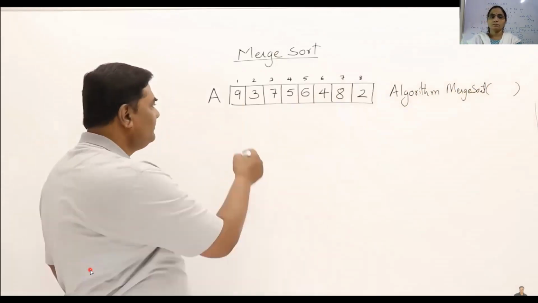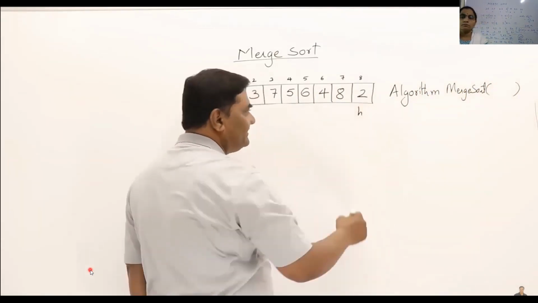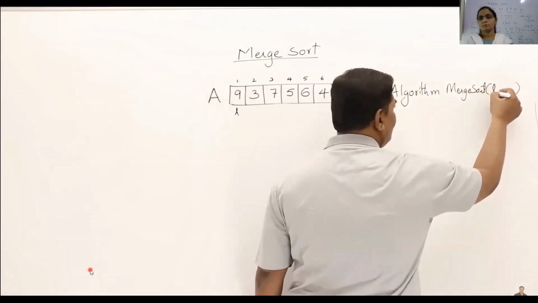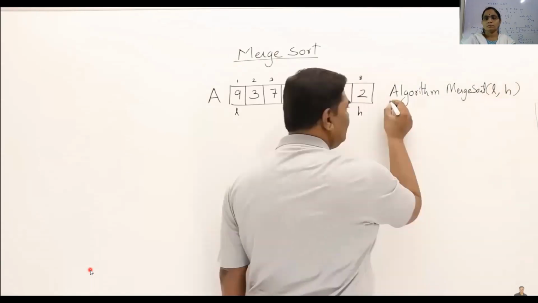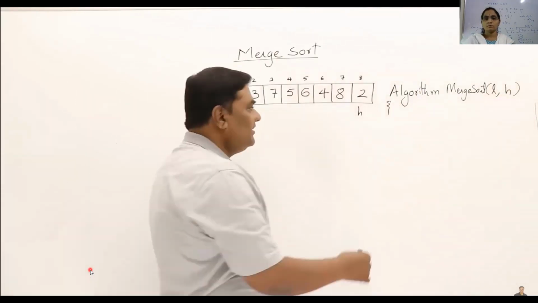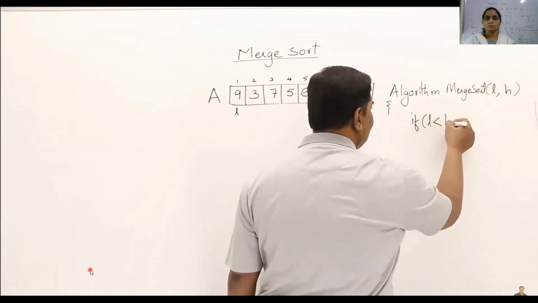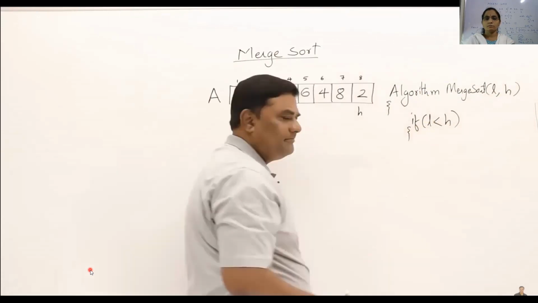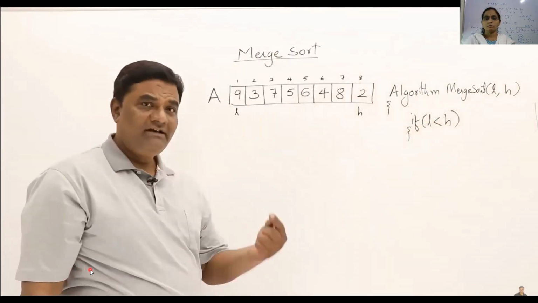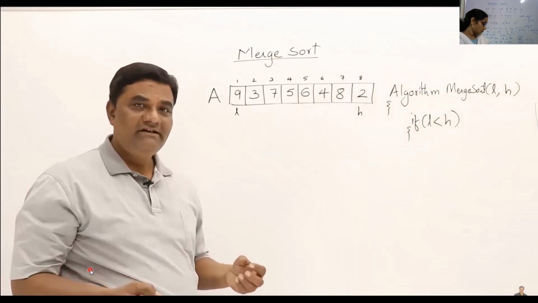It takes two parameters, the beginning of a list and the end of a list: low and high. Then we check if low is less than high. If low is equal to high, there is a single element. Low less than high means there are at least two elements.